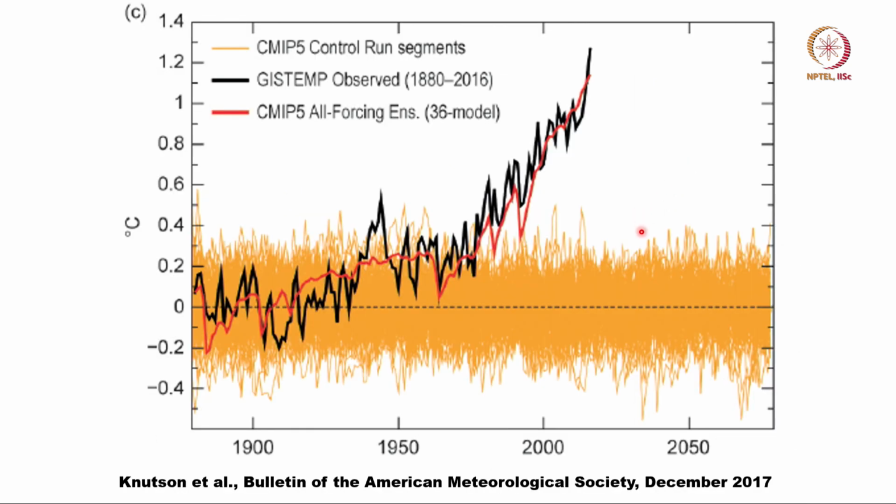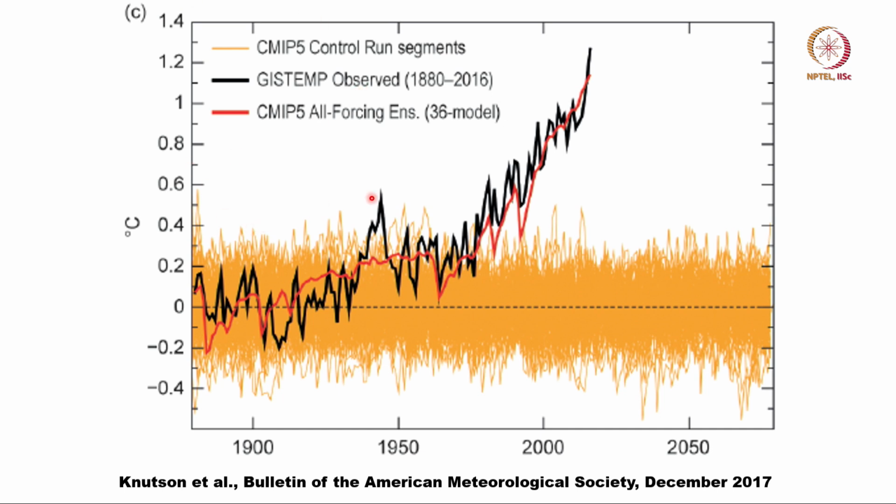Now, to show how these models have been used by the Intergovernmental Panel on Climate Change, here is one example of the models which took part in the so-called CMIP-5 simulation, the Coupled Model Intercomparison Project, in which many models ran the same type of simulations for comparison.